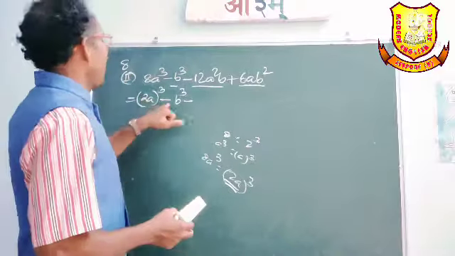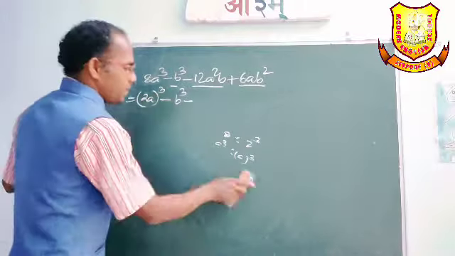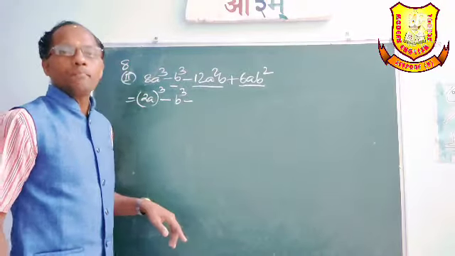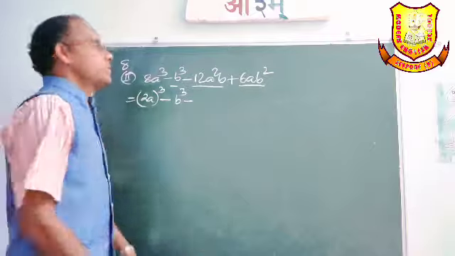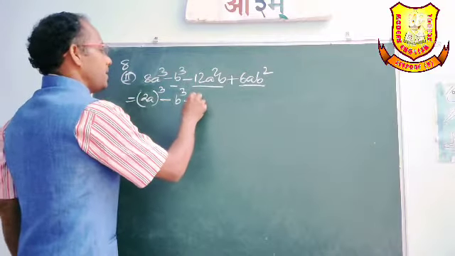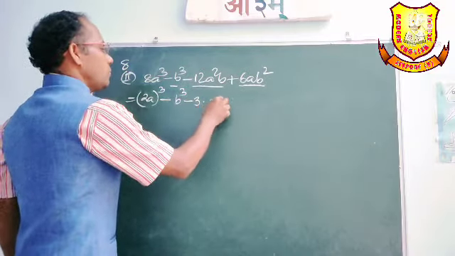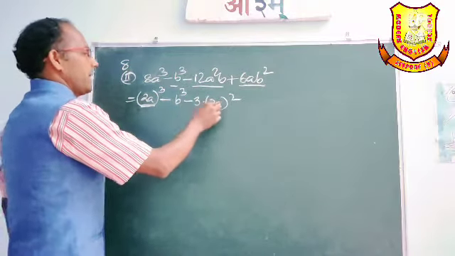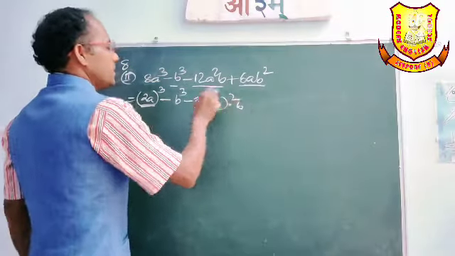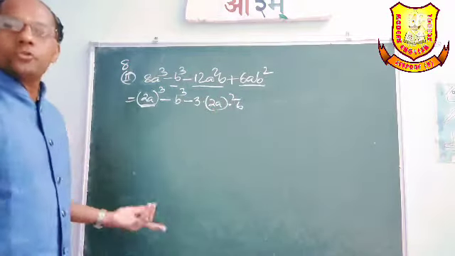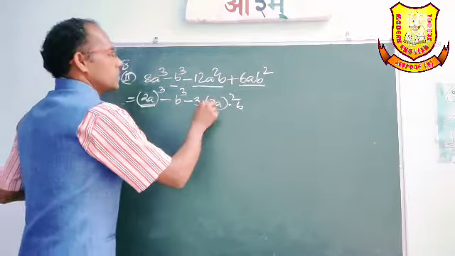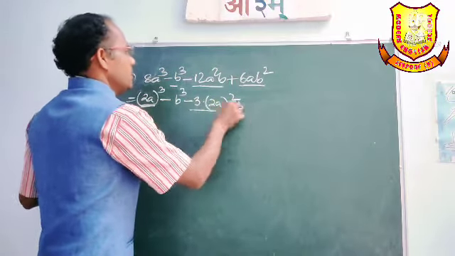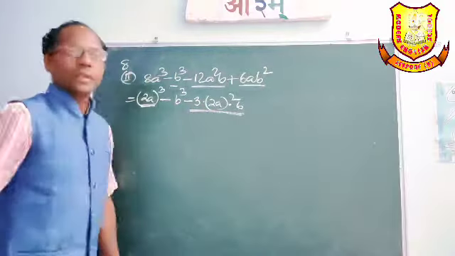After finding a and b, we can write this in the form of 3a square b or 3ab square. If you write 3 times 2a whole square, this is a, so 3a square b equals 3 times 4a square b, which is 12a square b. Yes, this one equals this one.